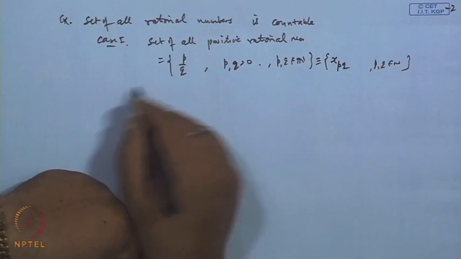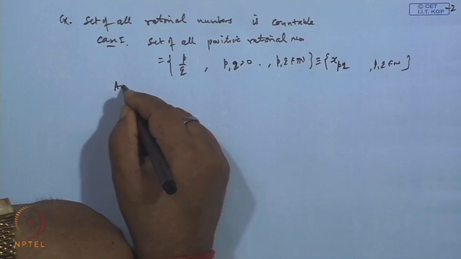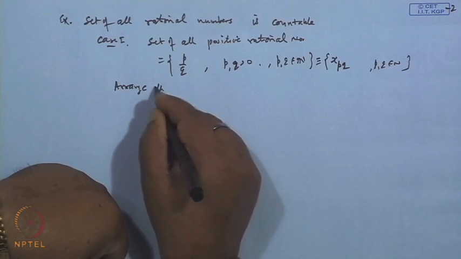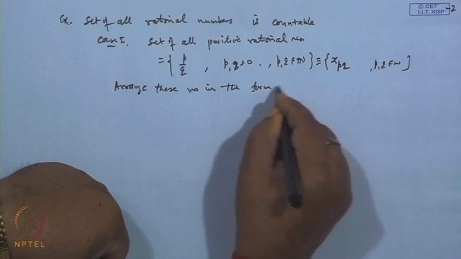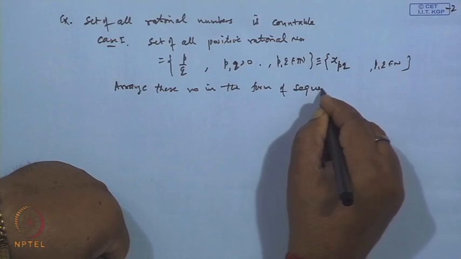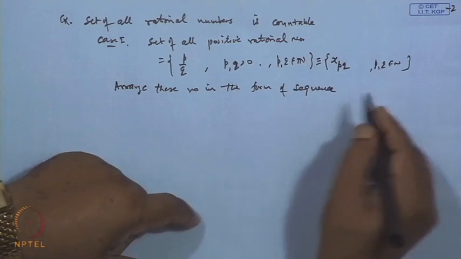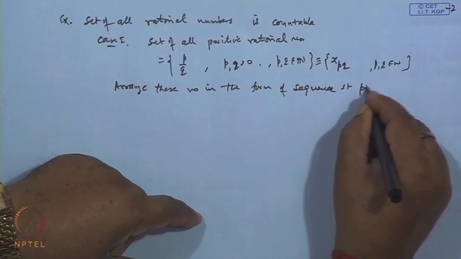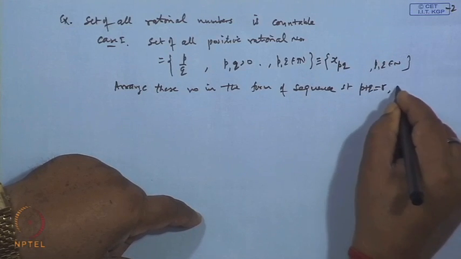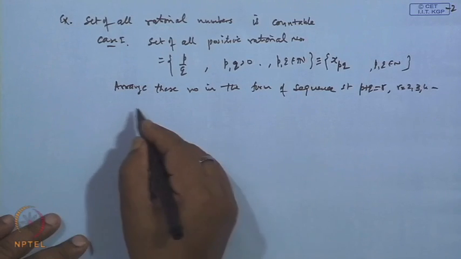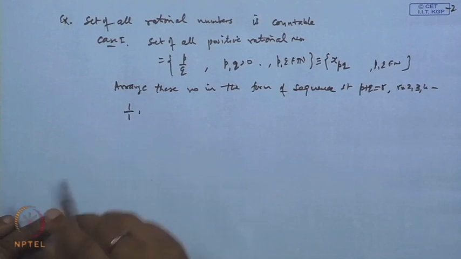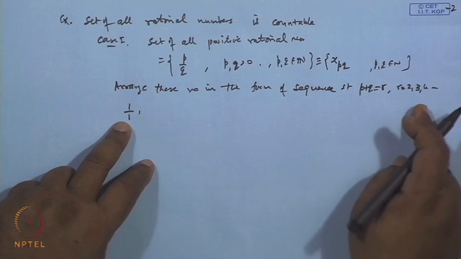Then we can arrange these numbers in the form of a sequence such that p plus q is r, where r is 2, 3, 4 and so on. It means we can put it in this way: 1 by 1, the first term, so that p plus q is equal to 2.